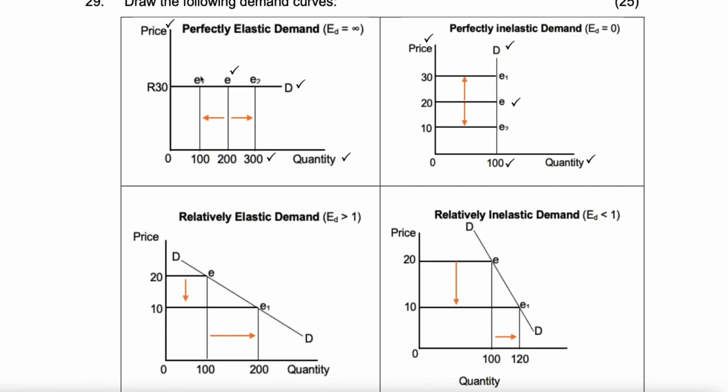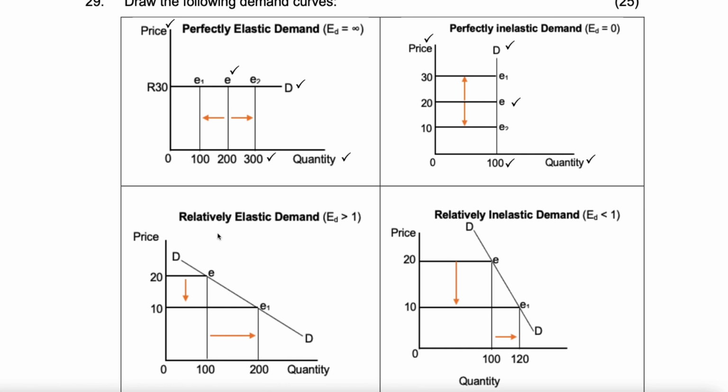This one slopes more than that one, and this one is close to this but very far from this. So these two are both inelastic and these two are both elastic, but the difference is this one is perfectly and this one is relatively. That's the difference.